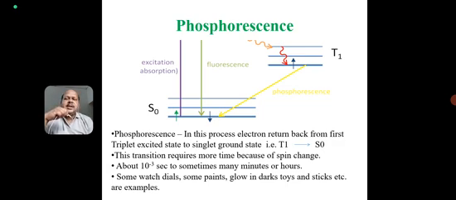This type of transition takes about 10 raised to the power minus 3 seconds to a few minutes, and sometimes a few hours also. You can see this phenomenon in watch dials, some paints, glow in the dark toys and sticks, which are examples of phosphorescence.